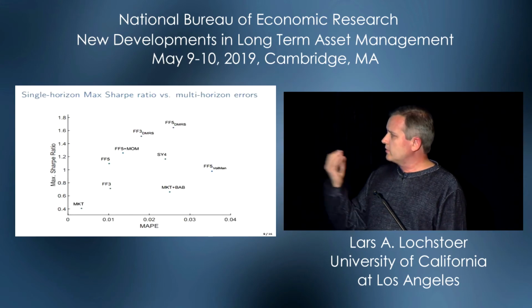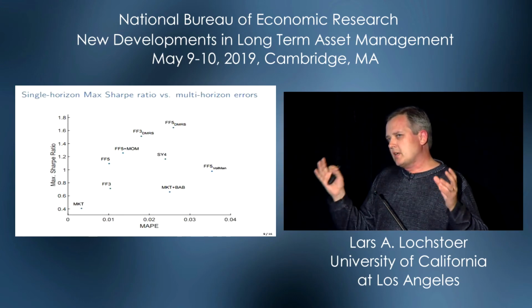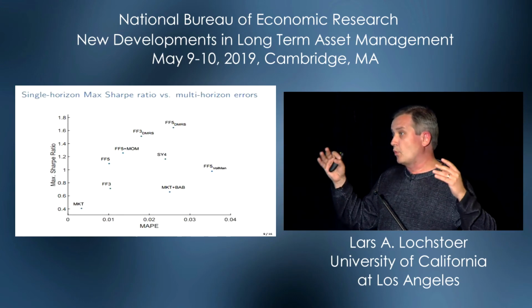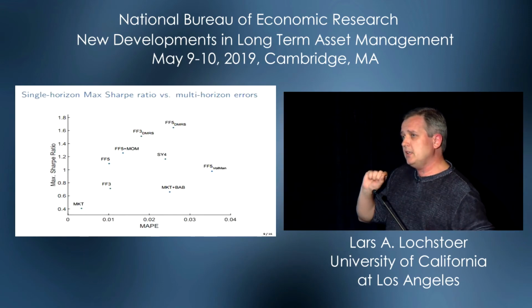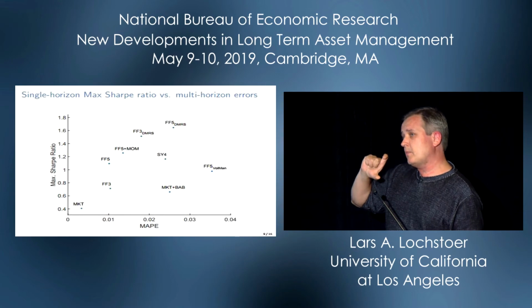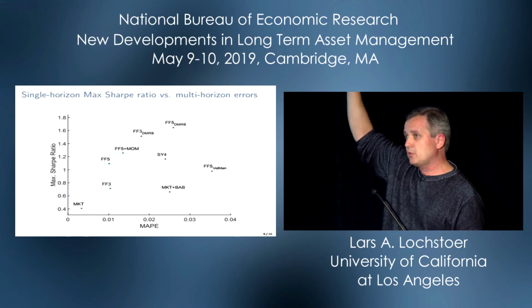Then we do something puzzling. Statistically you might think that if I increase the complexity of my model, it makes more errors. But economically, you might expect the opposite, right? If the maximal Sharpe ratio of a model increases, you should be getting closer to the MVE portfolio, and that should be the right thing.